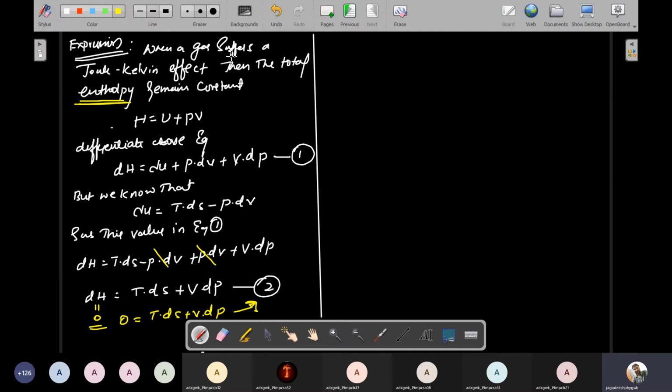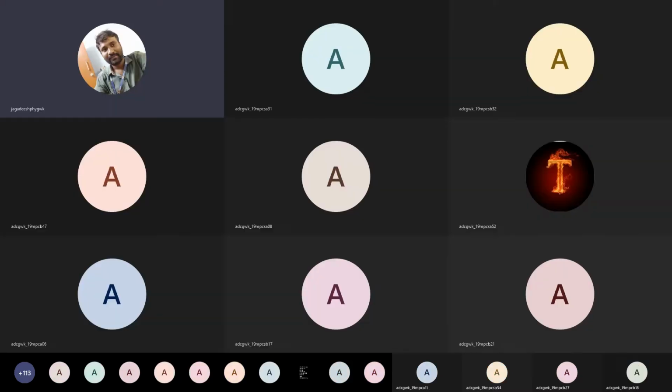Is the screen visible or not? Please, students, is the screen visible or not? Please tell me. Once again I will share the screen.